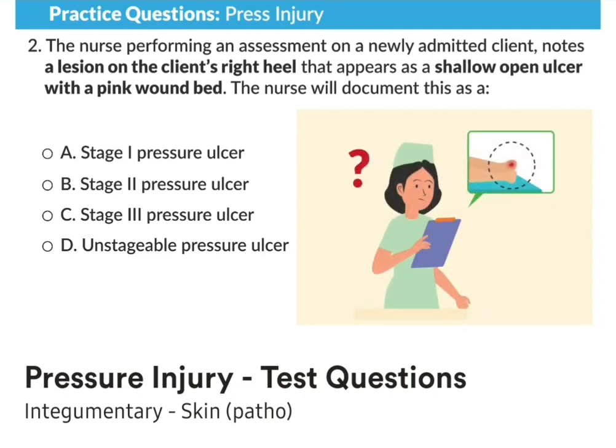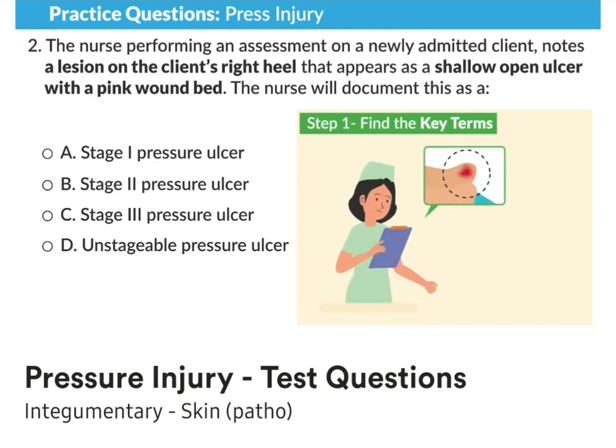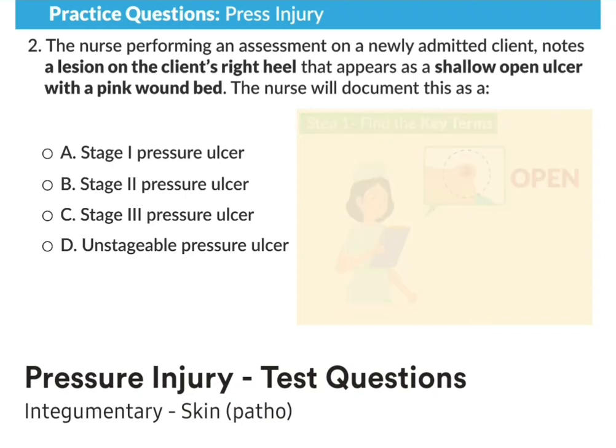All right, let's break this question down. Following the question breakdown strategy. So number 1, first look at the key terms in the question. Question states lesions on the right heel, shallow opening, big key term is open, with a pink wound bed. So think of a few things you know about those key terms.